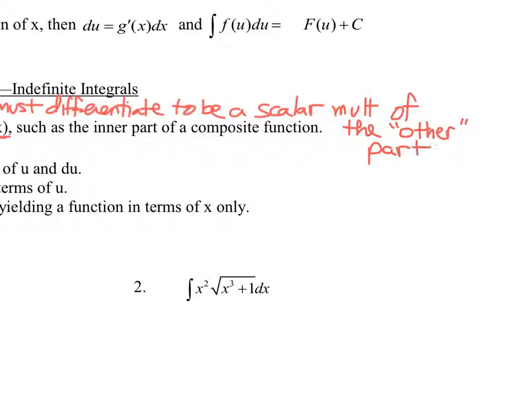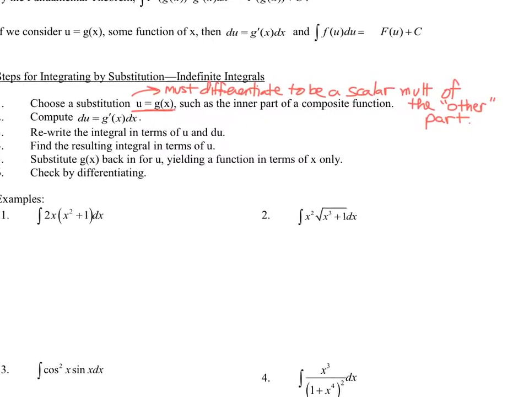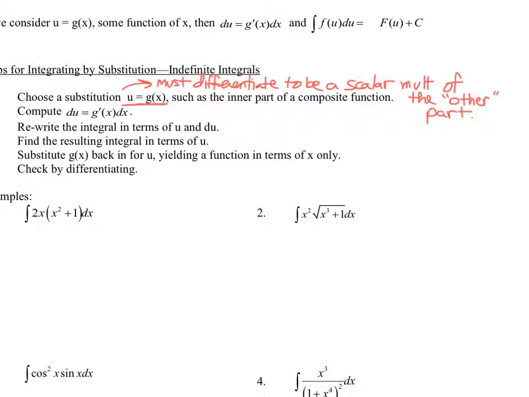The answer would be, the part that you didn't choose. So you're going to choose one part of your function to be u. Whatever the other part is has to be a scalar multiple of the derivative of the part that you selected as u. Right? So it's only off by a constant multiple.